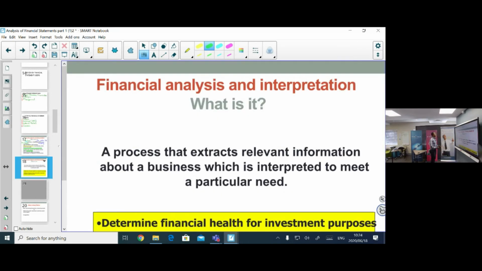So let's move on. Financial analysis, okay. What is this? A process that extracts relevant information about a business, which is interpreted to meet a particular need.